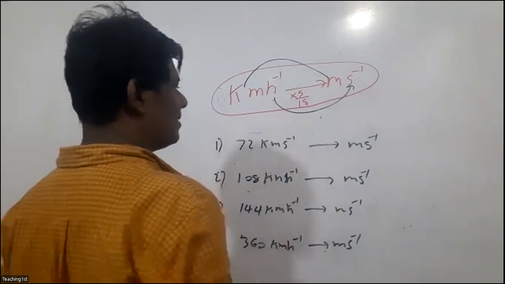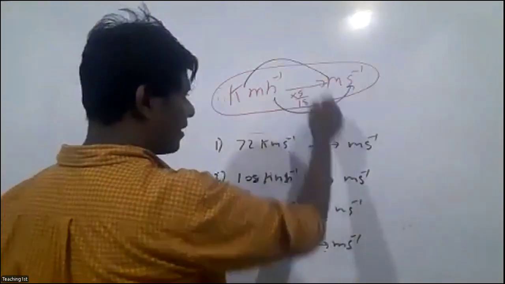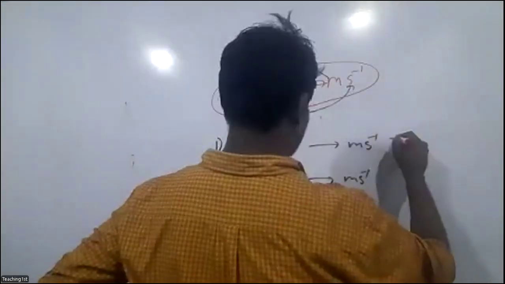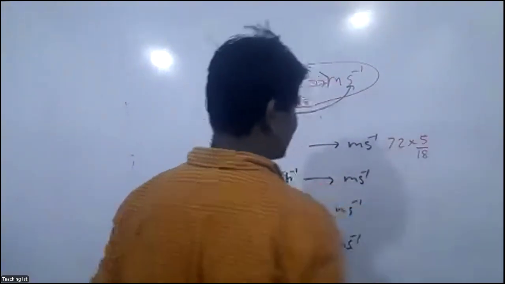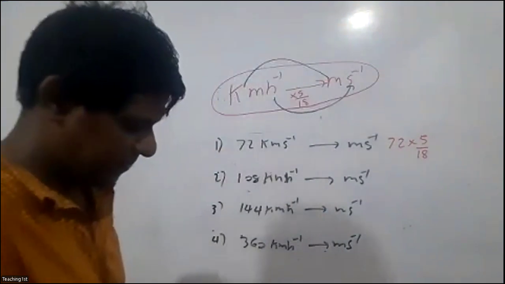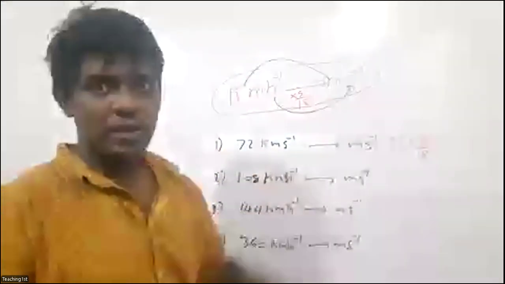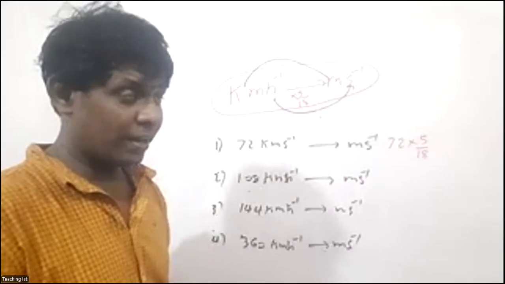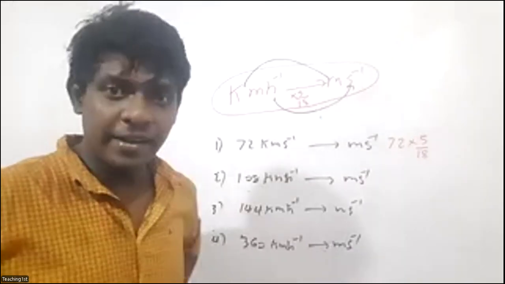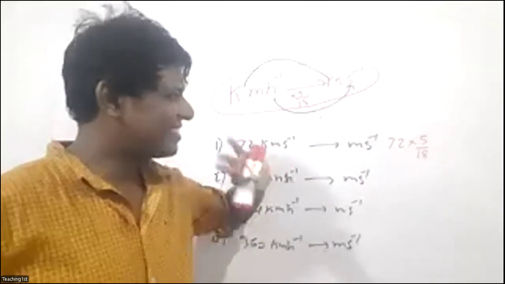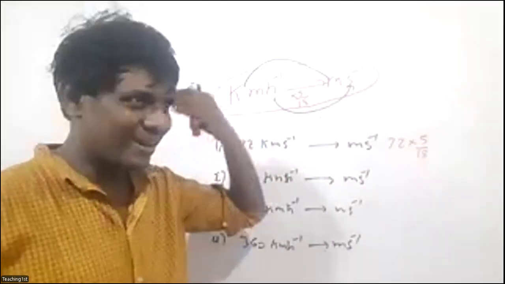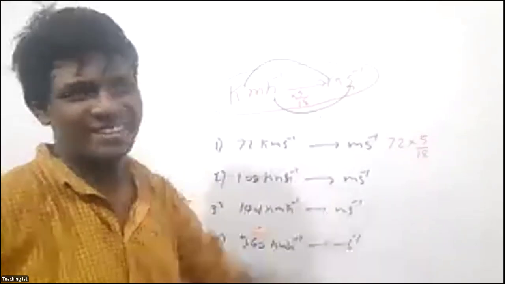So your conversion factor is just 5 over 18, in 72 multiplied by 5 over 18. Do we really need to remember the 18 times table as well? That is not remembering the 18 times table. That is your mathematical intuition.